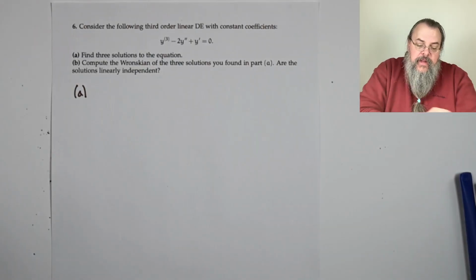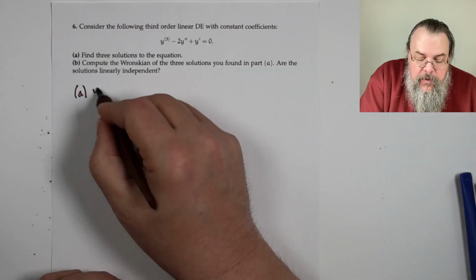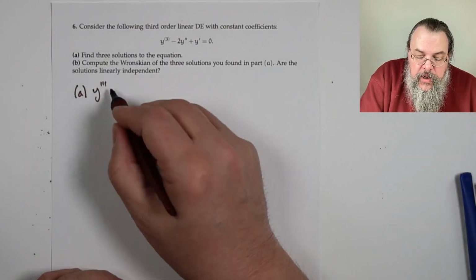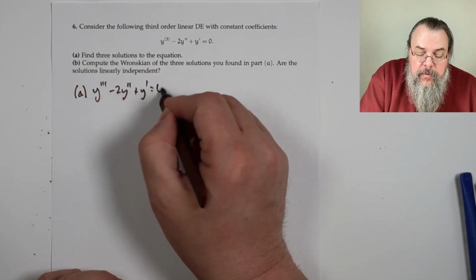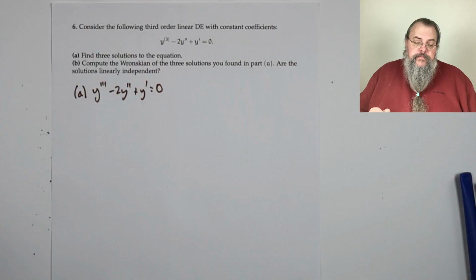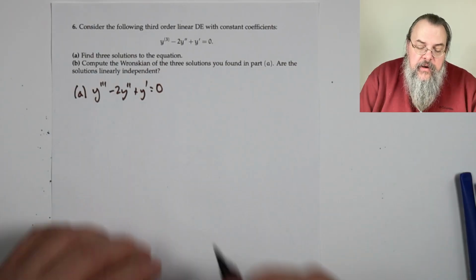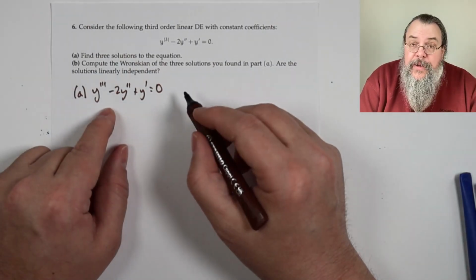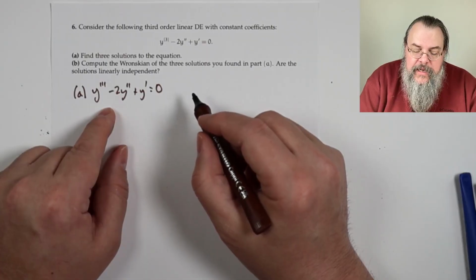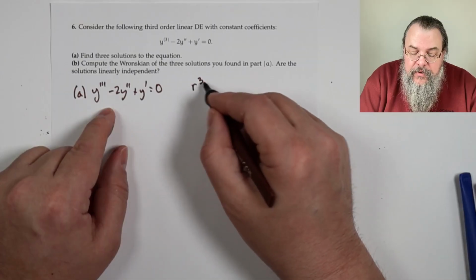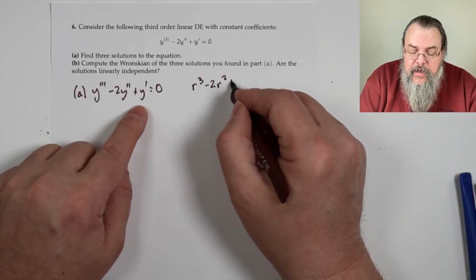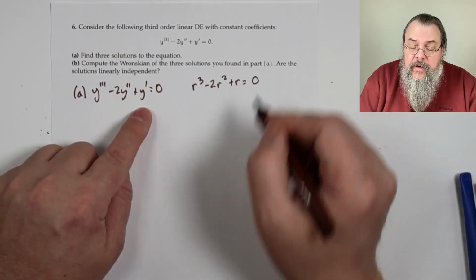Well, we have the third derivative minus 2y second derivative plus y prime equals 0. And, okay, well, what can we do? Well, we can turn this into an algebra problem. r cubed minus 2r squared plus r equals 0.